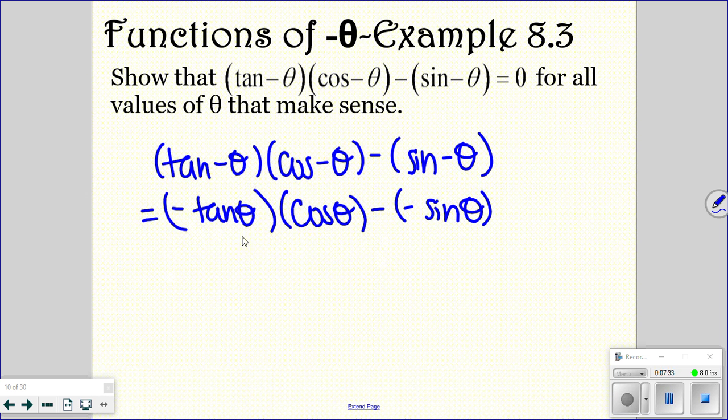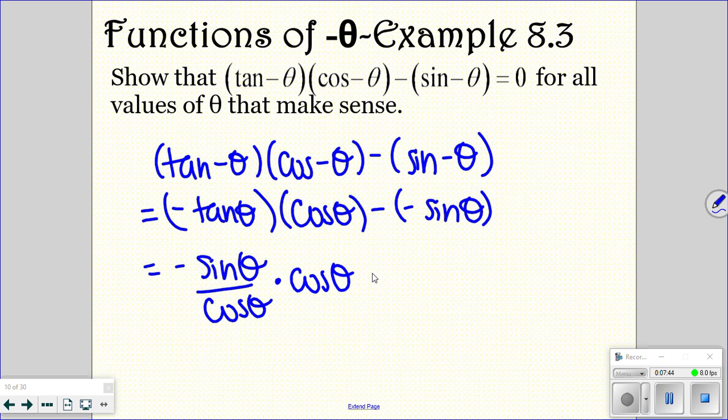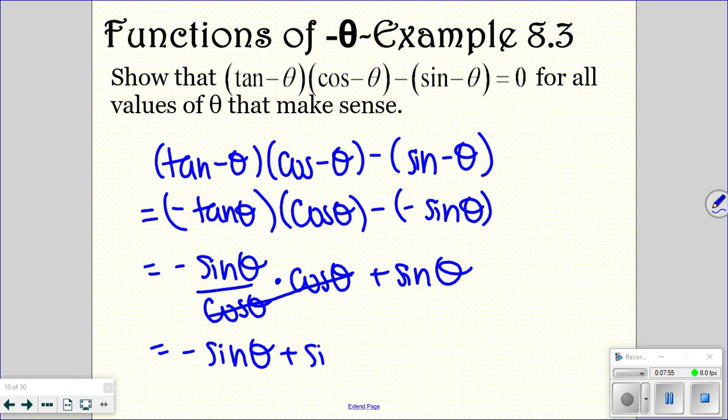On the first part, tangent can be written as sine of theta over cosine of theta, times cosine of theta, and then plus sine of theta. These cosines will cancel, so we have just negative sine of theta left, plus sine of theta, and that equals 0. That is how you would show that. So there's your answer for that one.